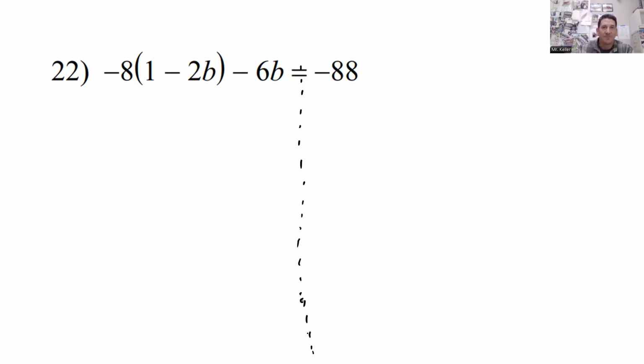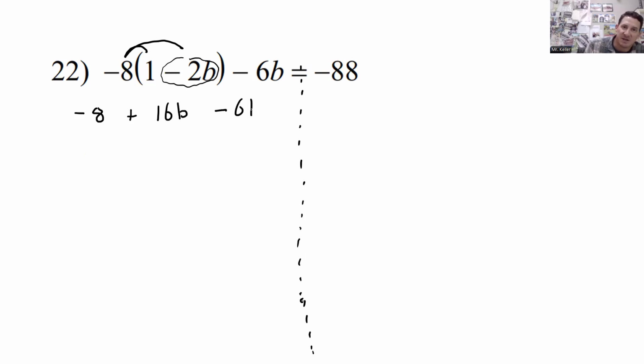All right. So, first thing I need to do is distribute this -8. So, -8 times 1 is -8. -8 times, remember, treat this as a -2b. Negative times a negative is a positive, so it's plus. 8 times 2 is 16, and then slap the b on there.